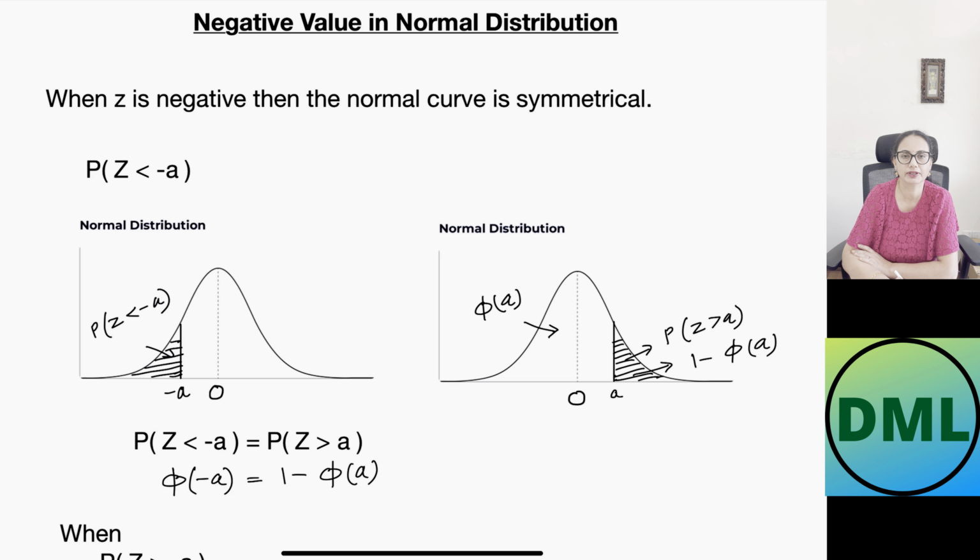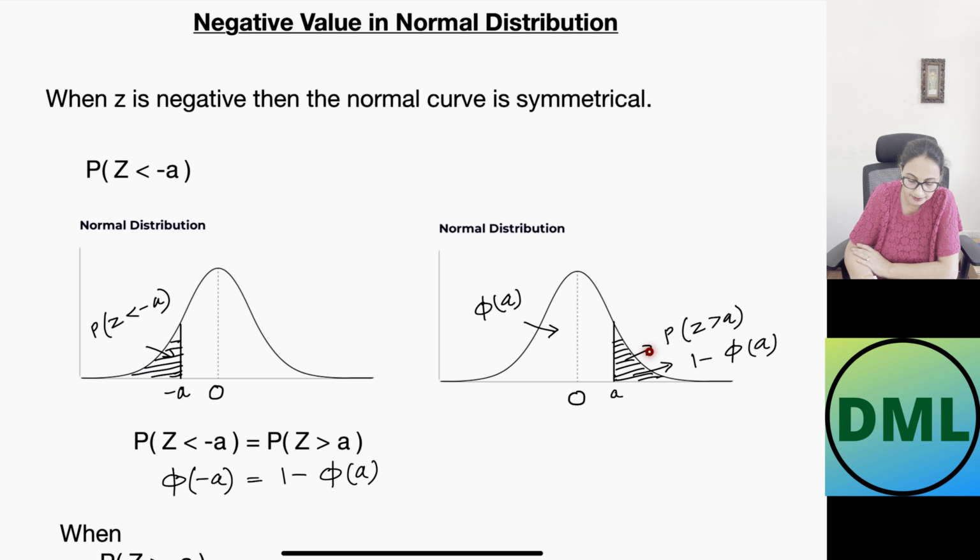We know that when the value is positive, the lesser than part will be written as phi of a. In a similar way, the lesser than part here will be written as phi of minus a. But because the curve is symmetrical about the mean, the value z equal to minus a will be the same as the value of a, and the lesser than part will be the same as the greater than part.